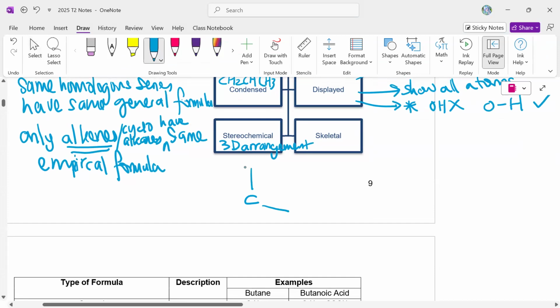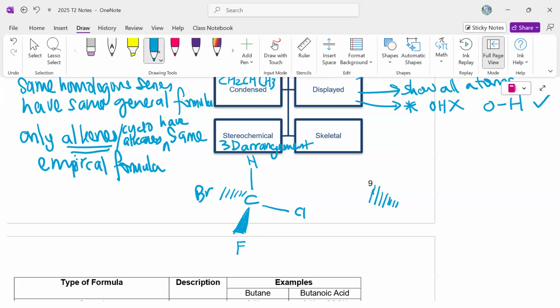The 2 solid lines represent atoms within the plane. This H and Cl are on the same plane. And then the thick wedge is telling us that this group, maybe fluorine, is sticking out of the plane. And there's another group that we draw using this dashed bond, which shows that bromine is behind the plane.